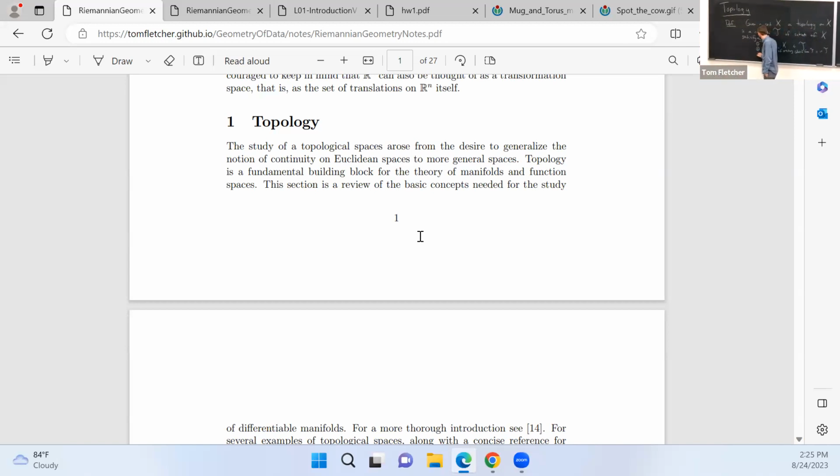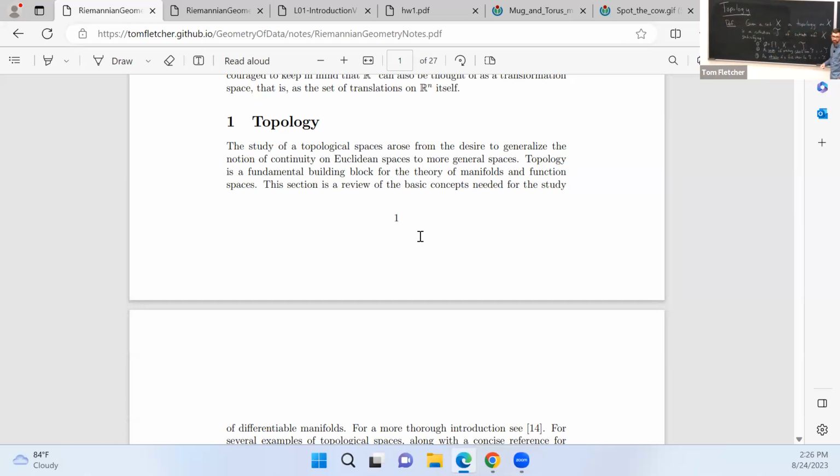And then the third rule is that an intersection of a finite collection from T is in T. So intersections act differently from unions.